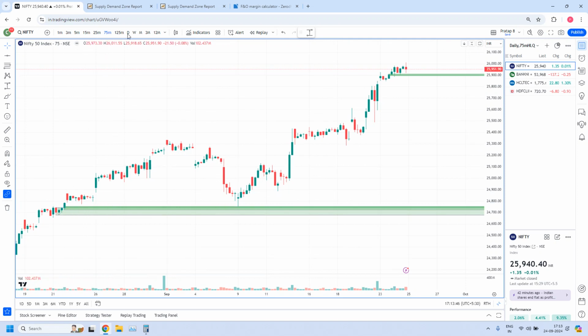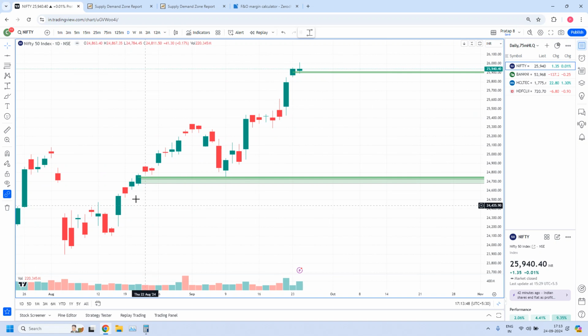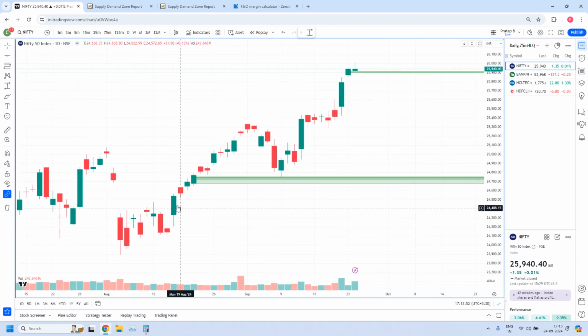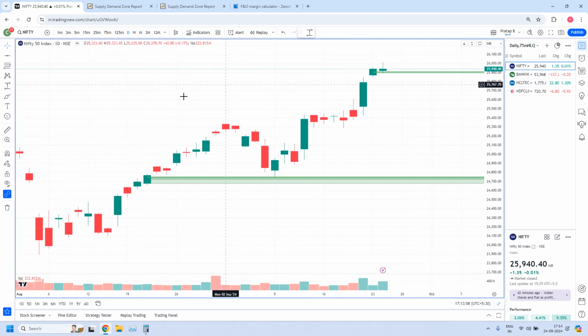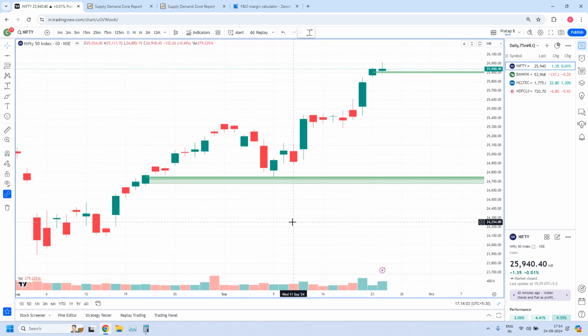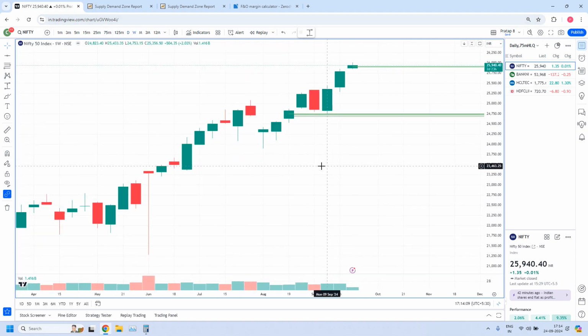This is the 75-minute zone. See, this zone is inside a daily zone. We have a rally. And a weekly time frame: rally, base, rally.